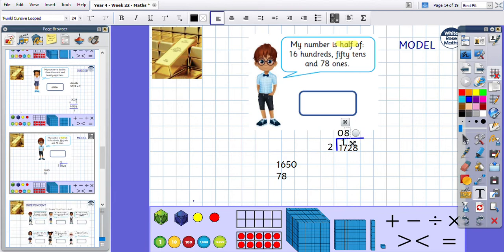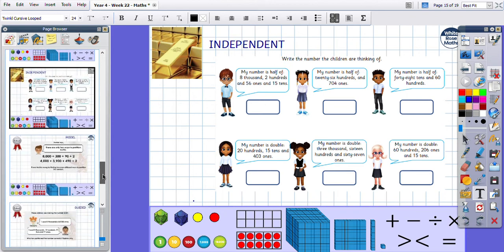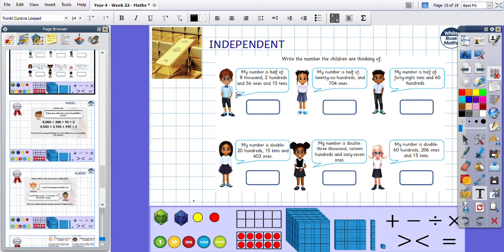Goes in 8 times, but I have 1 to carry over. 2's into 12 go 6. 2's into 8 go 4. So my answer is 864. Okay, then there are your gold questions then. Composing your number and then either halving or doubling, depending on what it says.